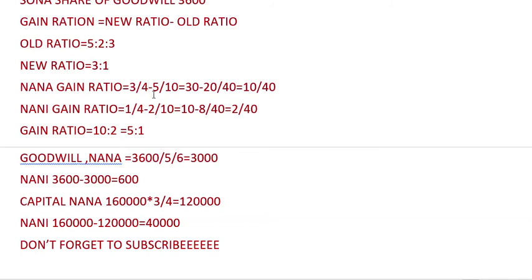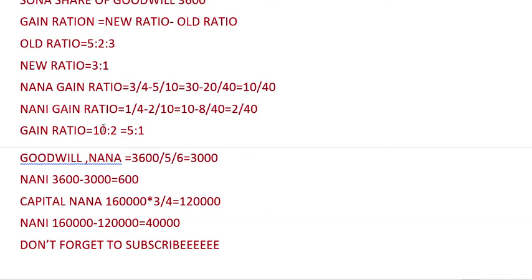Minus old ratio, 5 upon 10. Since 10 doesn't come in 4's table and 4 doesn't come in 10's table, we take 40 and cross multiply. So we get 30 minus 20 divided by 40, equals 10 upon 40. Same way we calculate Nani and get 2 upon 40.